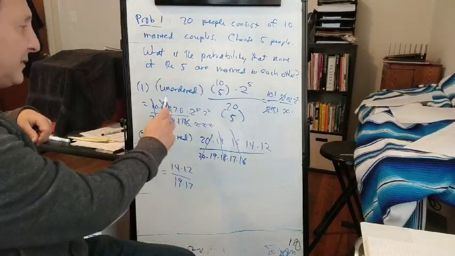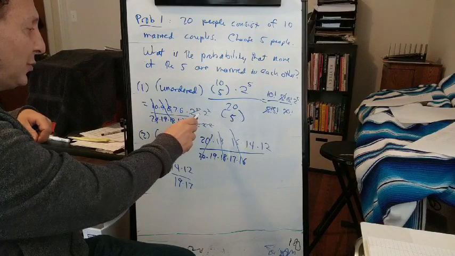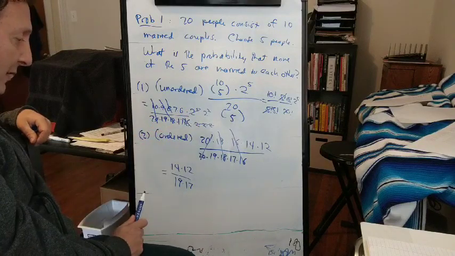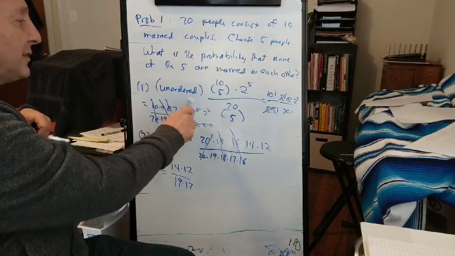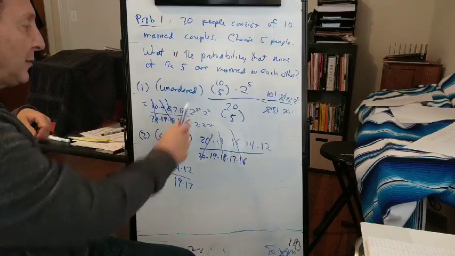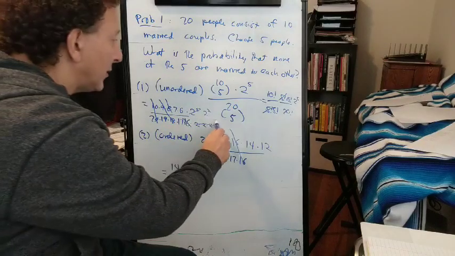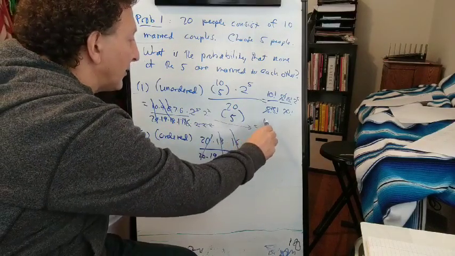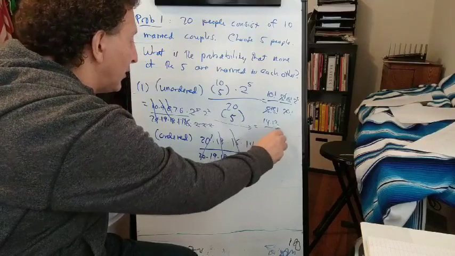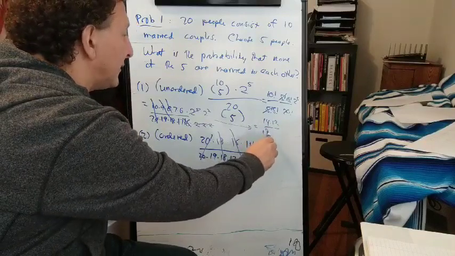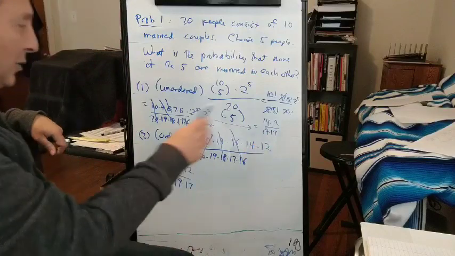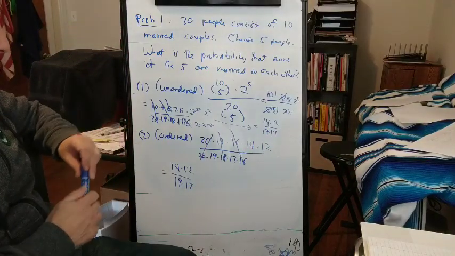And now we've got 7 times 6 times 2 times 2 over 19 times 17. Or 7 times 2 is 14, 6 times 2 is 12. So we have 14 times 12 over 19 times 17. So indeed they give us the same answer.